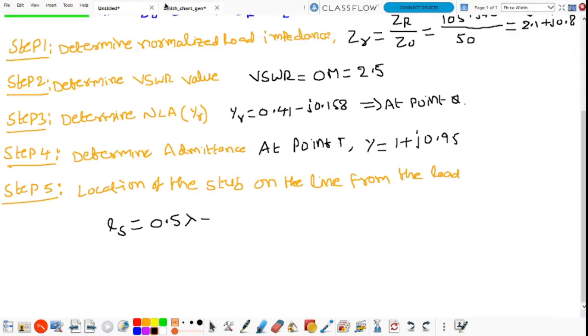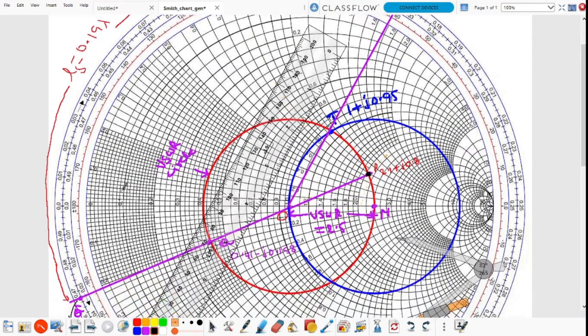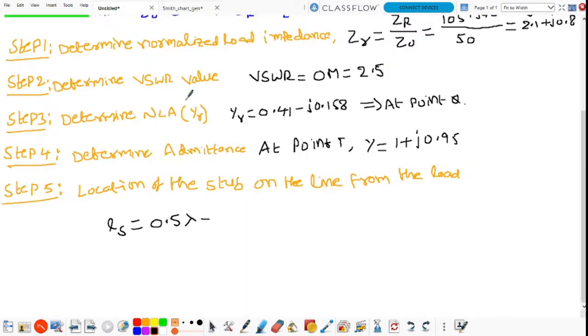L suffix S is equal to 0.5 lambda, and this is the left side end of the Smith chart. This value is 0.49 and 0.5. So LS is equal to 0.5 lambda minus 0.47 lambda, and that is point Q dash.